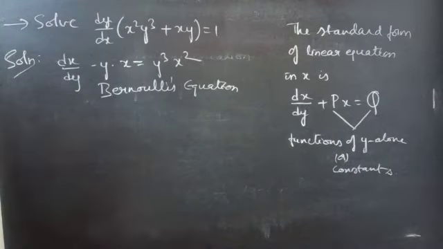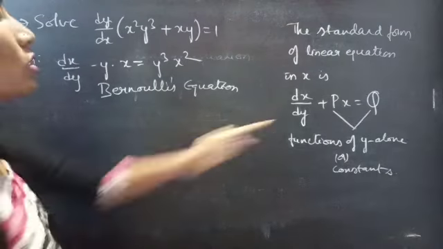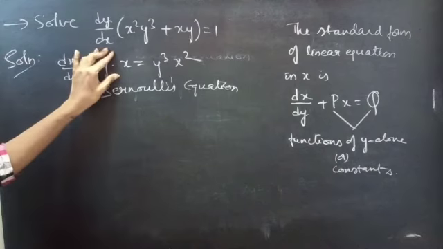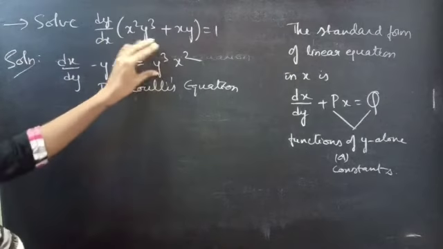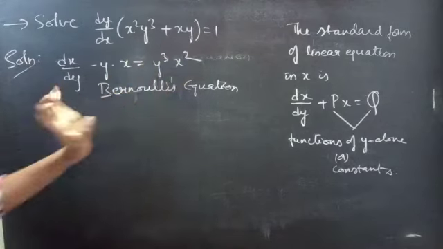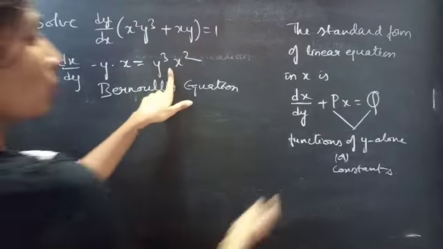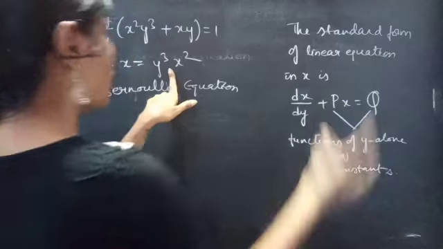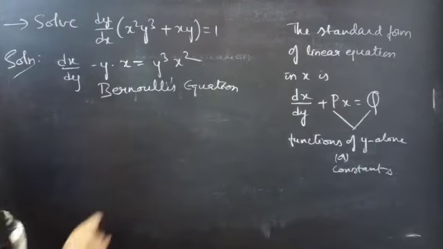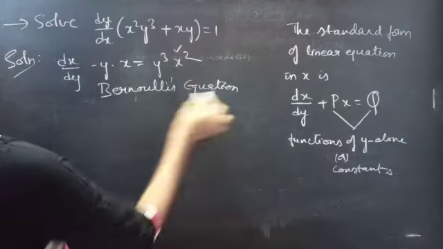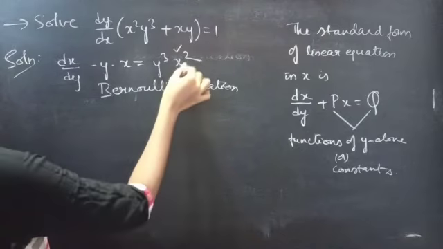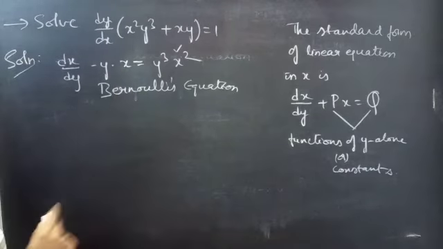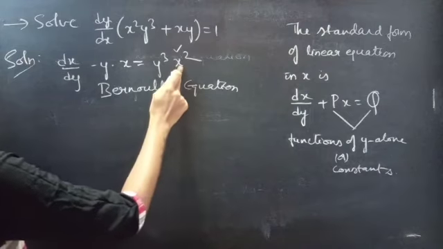So here, just compare these two equations. We have dx by dy plus some function of y into function of x equals to function of y into function of x square. While coming to RHS part, you have either function of y alone or constant, but you don't have any function of x, right? So it involves, but the Bernoulli's equation was x square. So what we have to do to reduce this equation to linear form, we have to eliminate this x square.